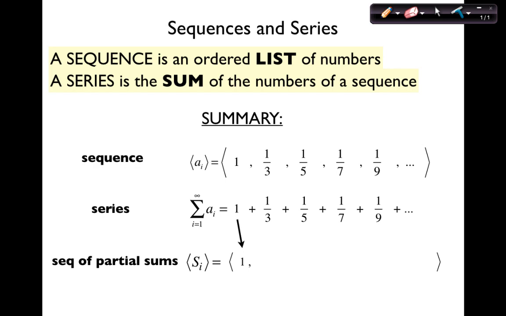Second in the sequence of partial sums is 1 plus 1/3. So these are the partial sums. We're making a list out of the partial sums. Third term in the sequence of partial sums means add the first 3 together, and that's the third term. Fourth term in the sequence of partial sums: add them together.